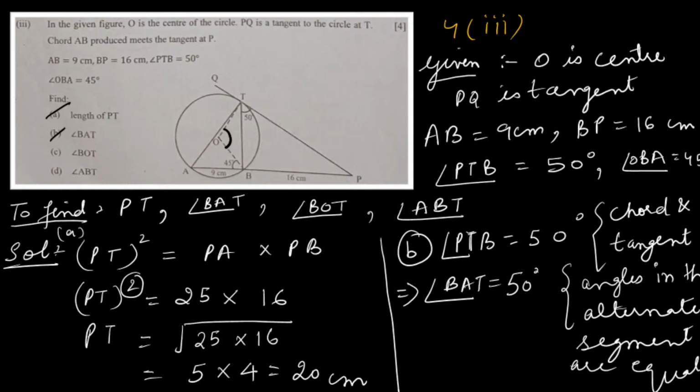So what will be the value of angle BOT? How to find this one now? This is the C part, angle BOT.